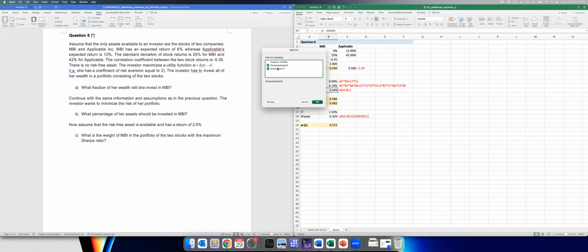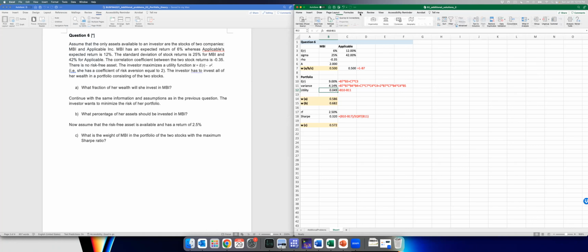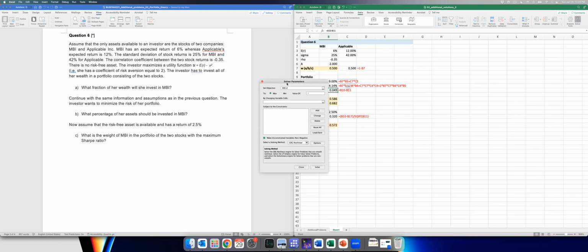If you download Excel from OSU's website, OSU packages, it's always included automatically. You just need to make sure that it's checked. Okay, we have selected that. Then you go to Data, and here you should have your solver. You click on the solver.